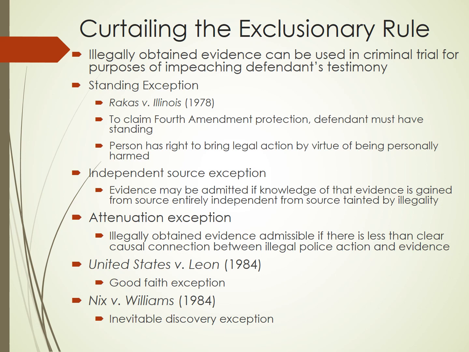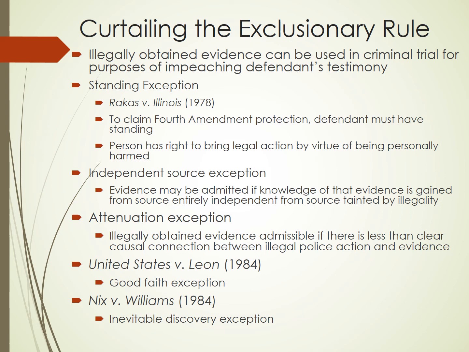The attenuation exception is when illegally obtained evidence can be admissible if there's a less than clear causal connection between the illegal police action and the evidence. So this is when you have a process where perhaps there was a violation, but it's not clear that the evidence was brought about by that violation.